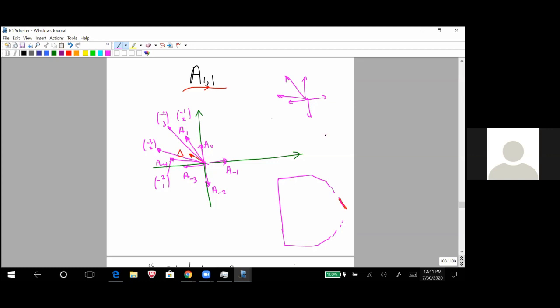So maybe there's some hexagon that looks something like this. 1, 2, 3, 4, 5. I'm just drawing it randomly. Okay, so there is some hexagon, and that's it. Why do I need to do anything else?